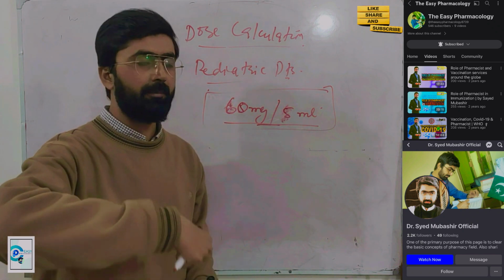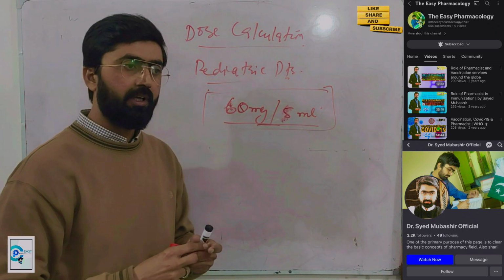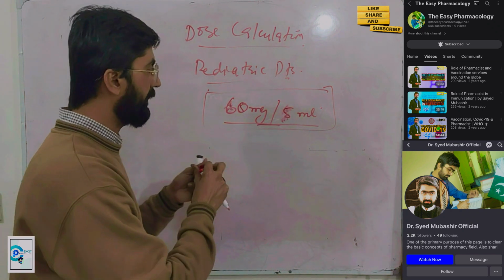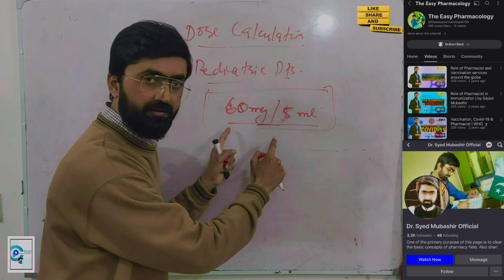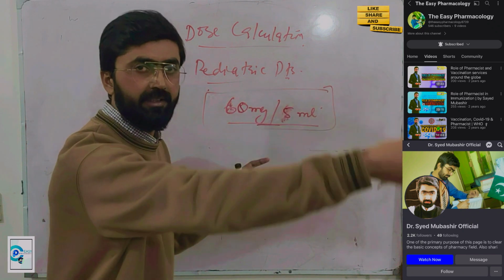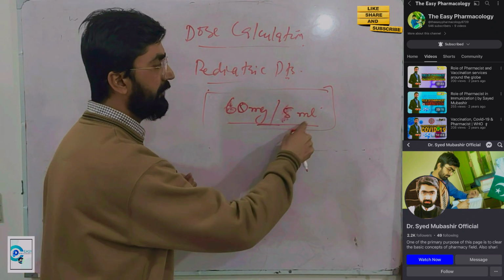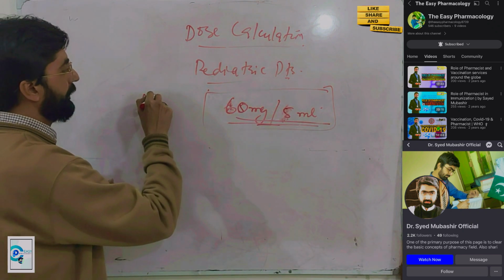It might be an ampoule, a vial, or any suitable container. We are not concerned with the total volume, but we are concerned with the strength. Let's suppose 60 milligram of the drug is contained in 5 ml, and that is an ampoule.